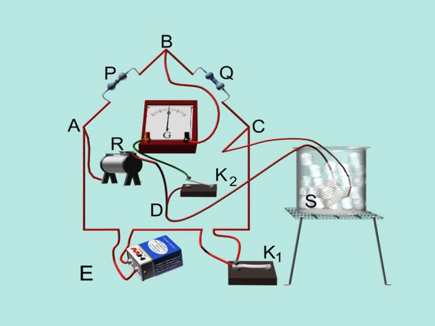First of all, keep the platinum wire S in ice at 0 degrees Celsius. Make P equal to Q and adjust the value of R so that on closing key K1 first and K2 later on, galvanometer shows no deflection. That is, the bridge is balanced.